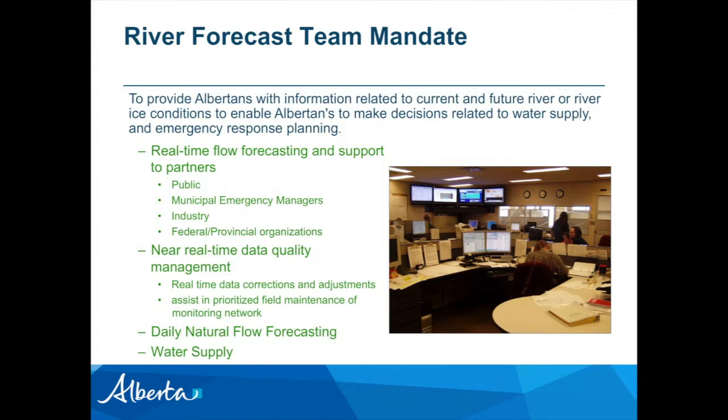Those groups range from local emergency managers, First Nations, industry, federal, provincial and private parks, the NRCS out of Portland for the Milk water supply, and we also have Water Security Agency in Saskatchewan as well.